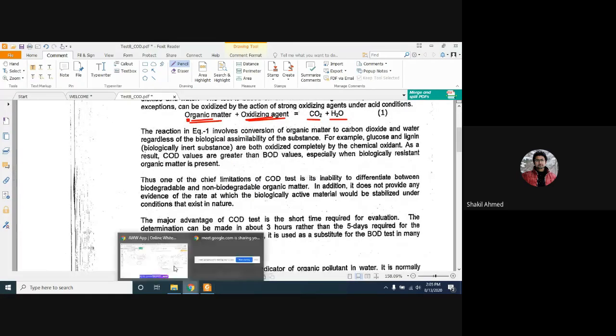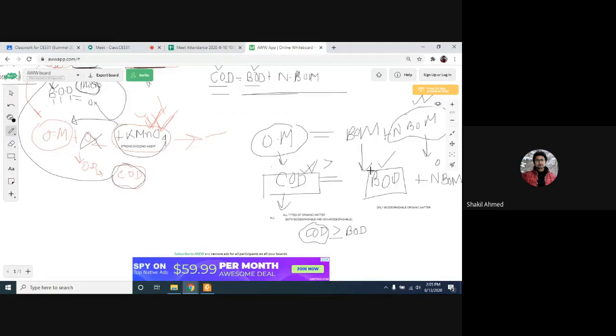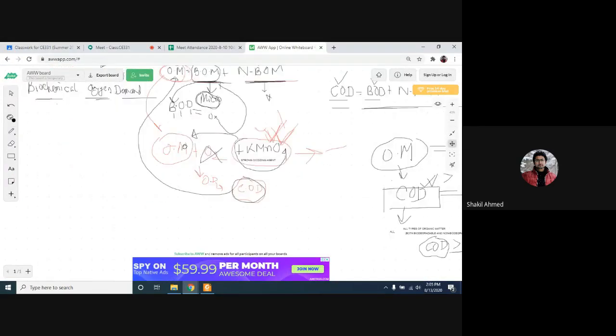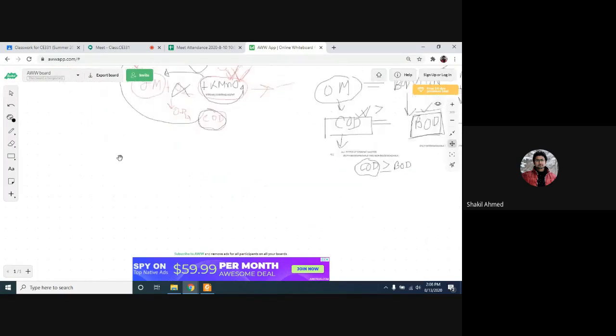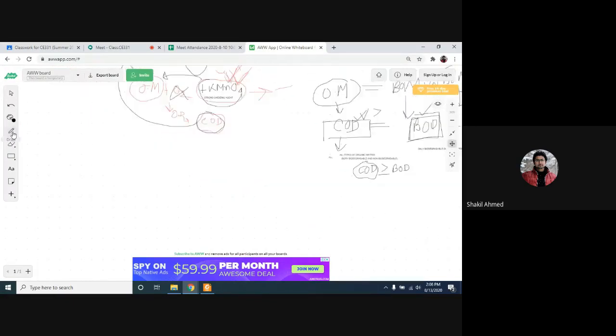Now, if you want to calculate BOD, the bacteria take at least 5 days to degrade the organic matter. That means to determine BOD, you need to wait for 5 days.